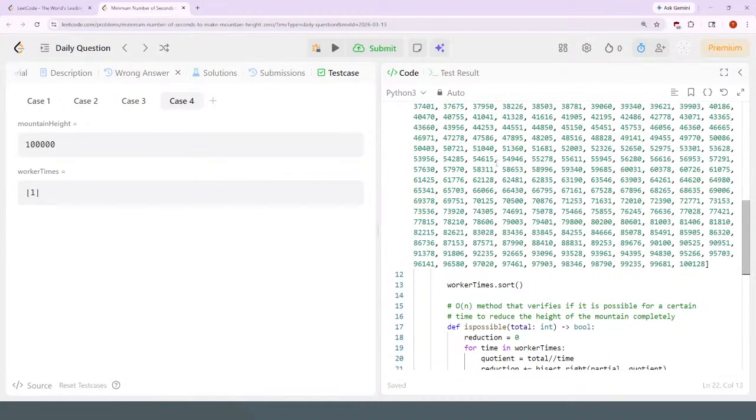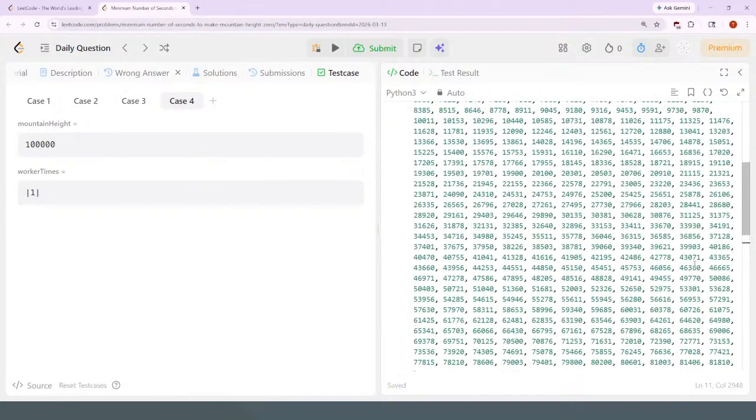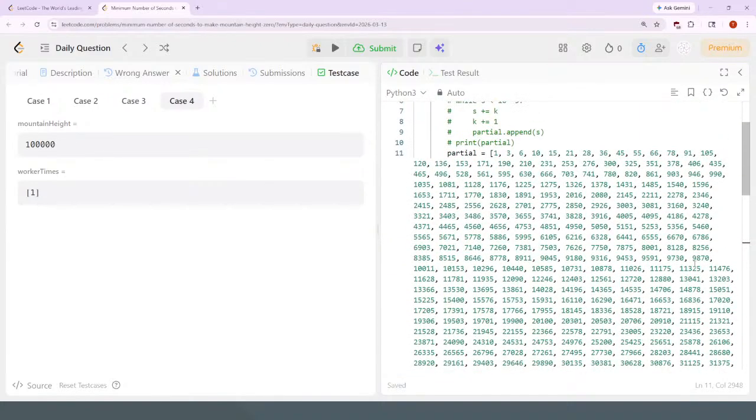I think I see it. I don't think my array has gone big enough. Yeah, I see.